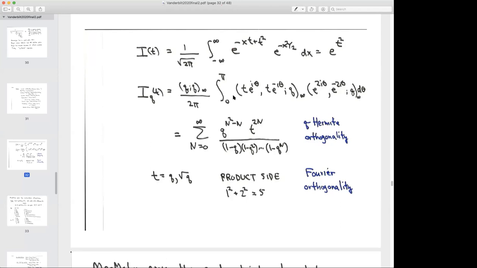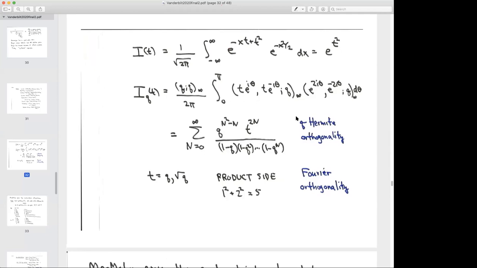And I now am going to take this integral and evaluate it in 2 different ways by using 2 kinds of orthogonalities. If I use Q Hermite orthogonality, I'll get this exact sum. I'll get the sum side of Rogers-Ramanujan. There's some details here I'm leaving out. You just have to believe it's pretty routine to do this orthogonality. You'll get the sum.